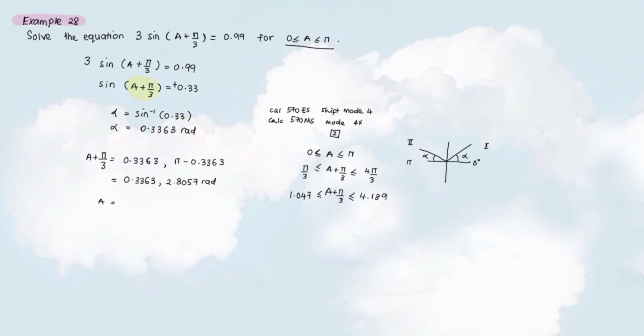So A is equal to 0.3363 minus pi over 3, or 2.8057 minus pi over 3, and you will get A is equal to negative 0.7109, or 1.758, which one is in the range between 1.047 and 4.189 radian. So negative 0.7109 is outside the range, hence A is equal to 1.758 radian.